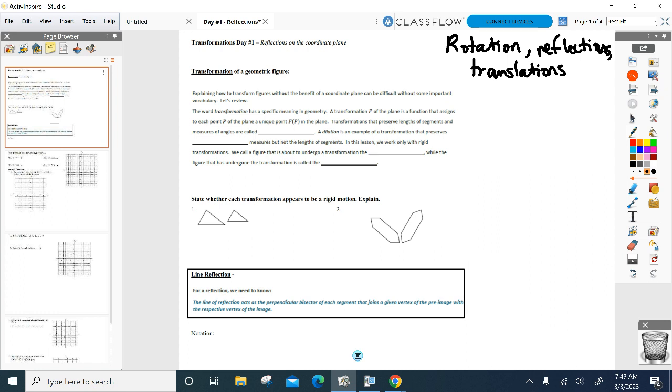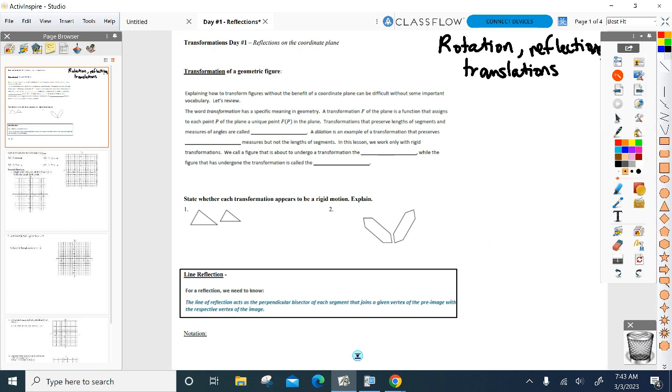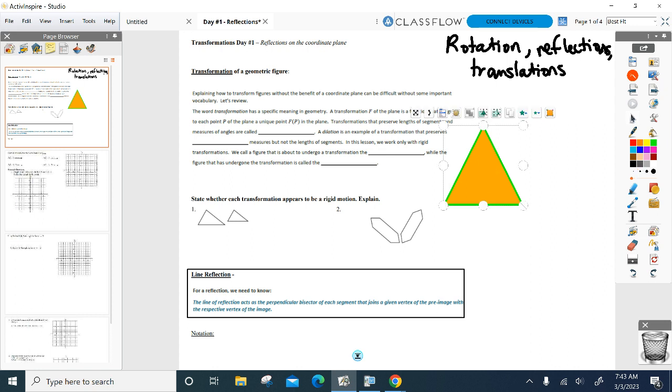Let's say I take my original figure, I move it around, maybe I turn it. If the two at the end are congruent to each other, meaning same size, same shape, we refer to that as a rigid motion.